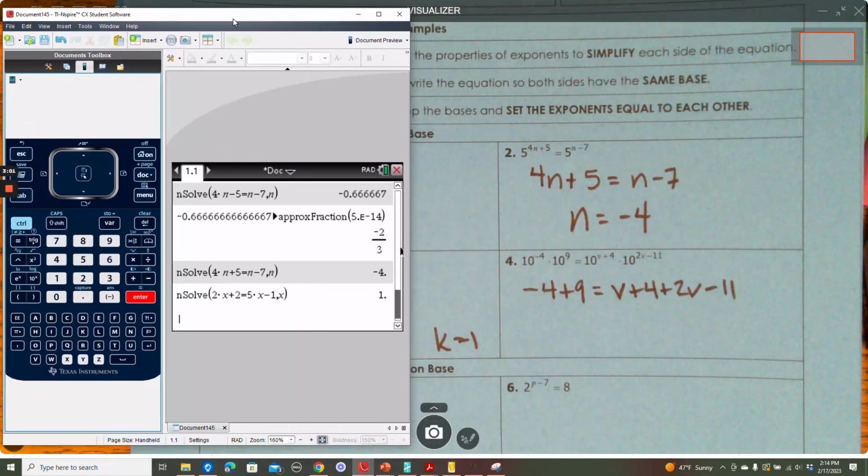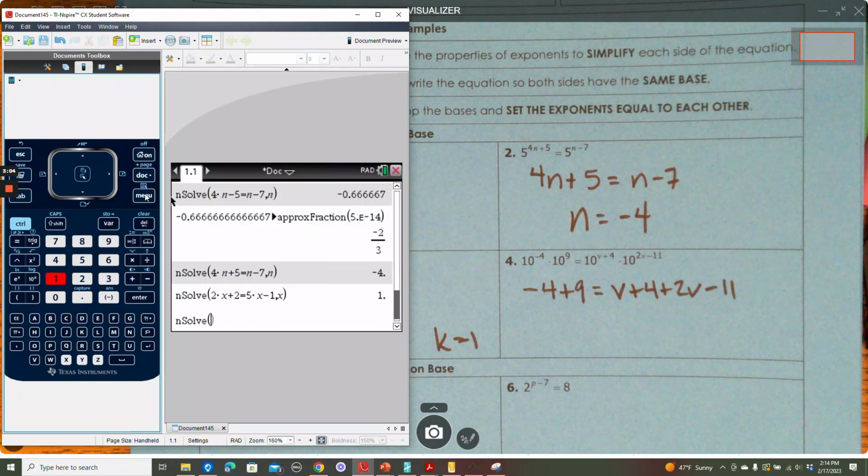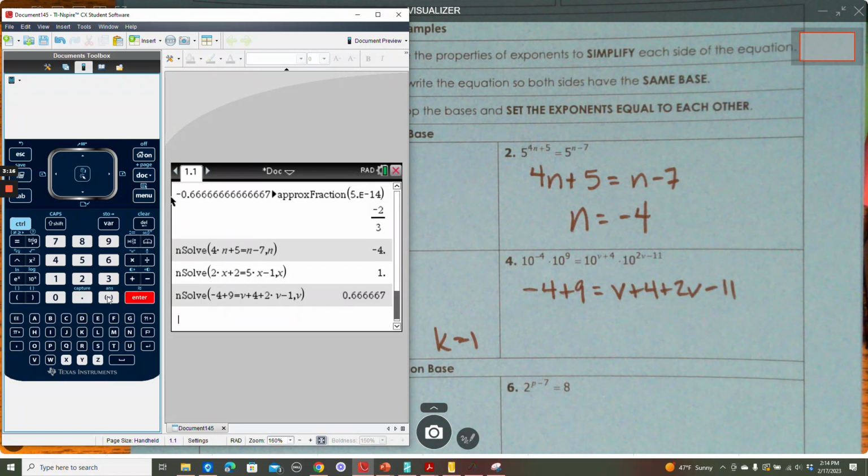Again, menu 3-1. Negative 4 plus 9 equals v plus 4 plus 2v minus 11, comma v. Remember, whatever letter, comma v. And that's still off, so I did something wrong. Let me look.